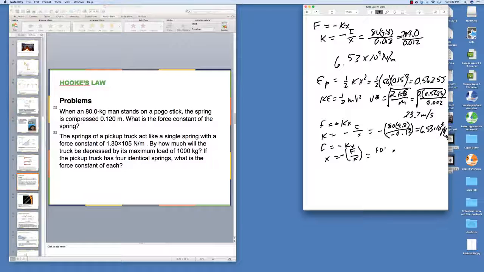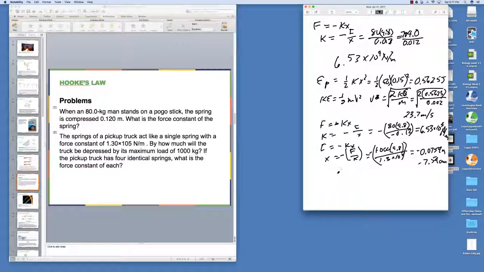This is going to be 1,000 times 9.8 divided by 1.3 times 10 to the 5th. And all this quantity is going to be a negative because it's depressed. If you do the math here, you get minus 0.0754 meters or 7.54 centimeters negative, about 2 inches, almost 3 inches.